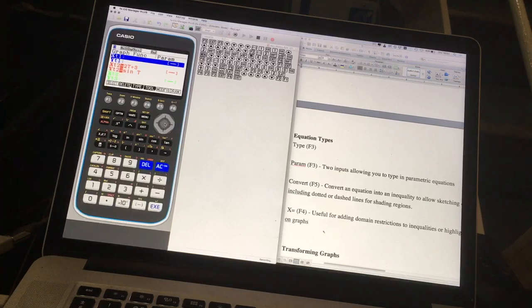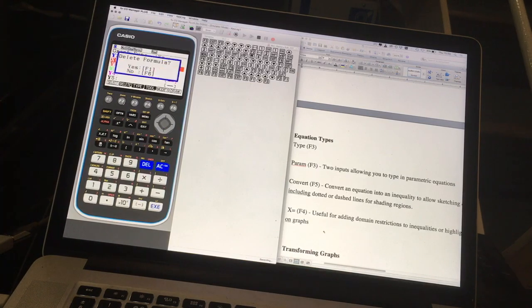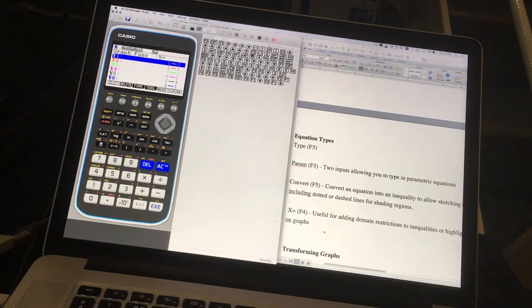Okay, so that's parametrics. The other thing you can do is change an equation into an inequality. If I change my type back to y equals, and delete all these, let's say we wanted to plot a quadratic inequality. Let's go for x squared, take x plus 2.